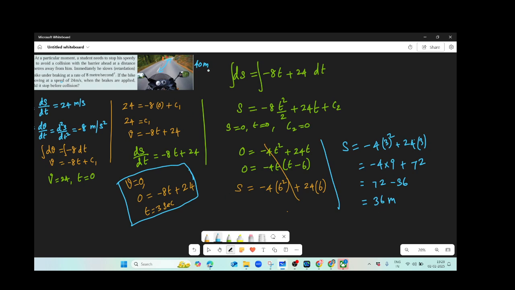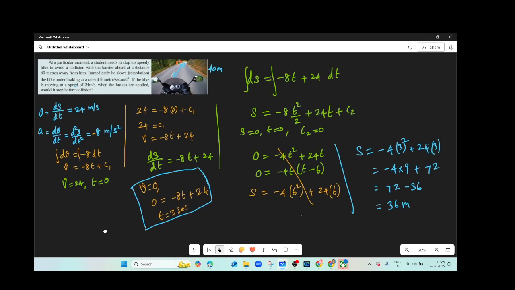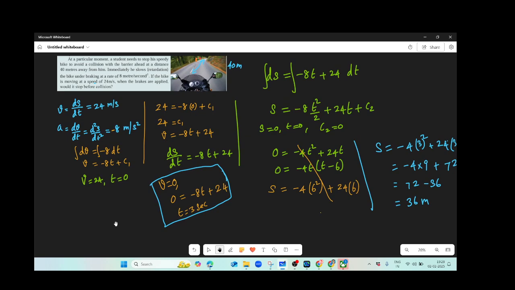But the total distance is 40 meters. So what is the answer? The bike will stop before collision. The question asked: if the bike is moving at a speed of 24 meter per second, when the brakes are applied, would it stop before collision?